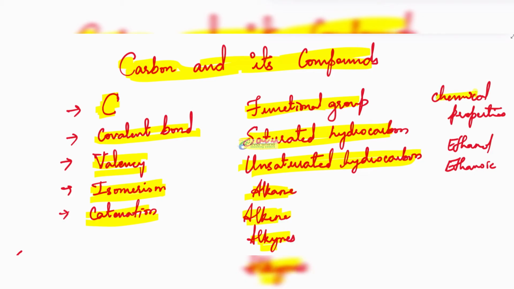Then we will study some chemical properties of carbon compounds, the properties of ethanol, the properties of ethanoic acid, and some more important topics in this chapter. The most important ones are isomerism, functional group, saturated, unsaturated, and the chemical properties of carbon compounds.